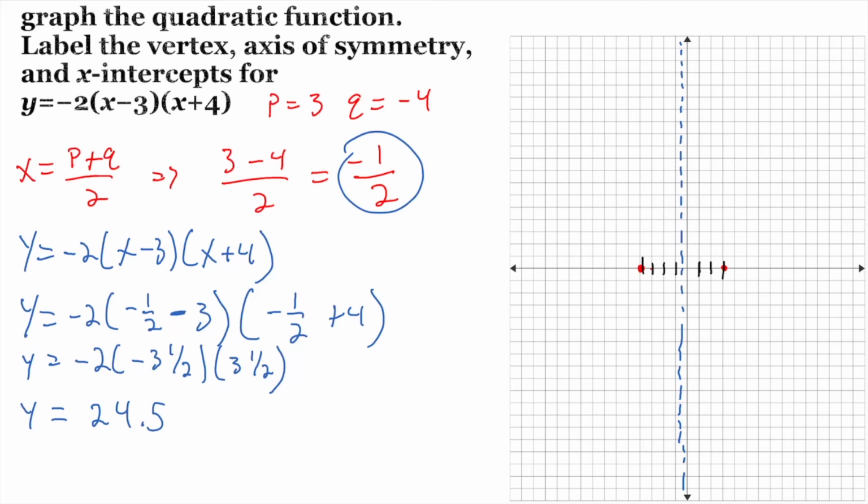So I'm going to count by 2's: 2, 4, 6, 8, 10. So this is 25. Perfect. Now I'm going to graph my vertex right on the axis of symmetry.